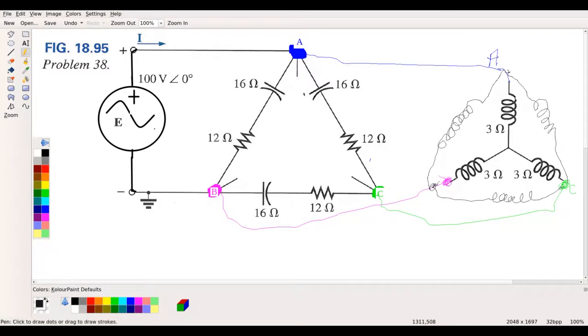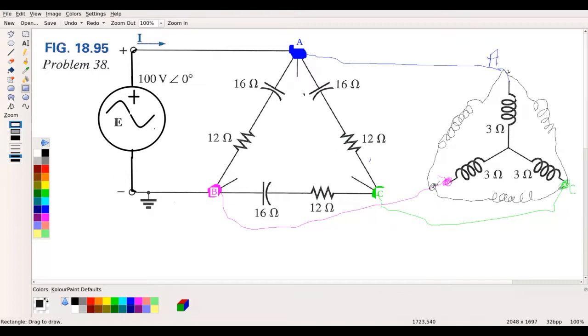What we know is that this node right here is node B, this node here is node A, and this is part of node C. So we know those values there.